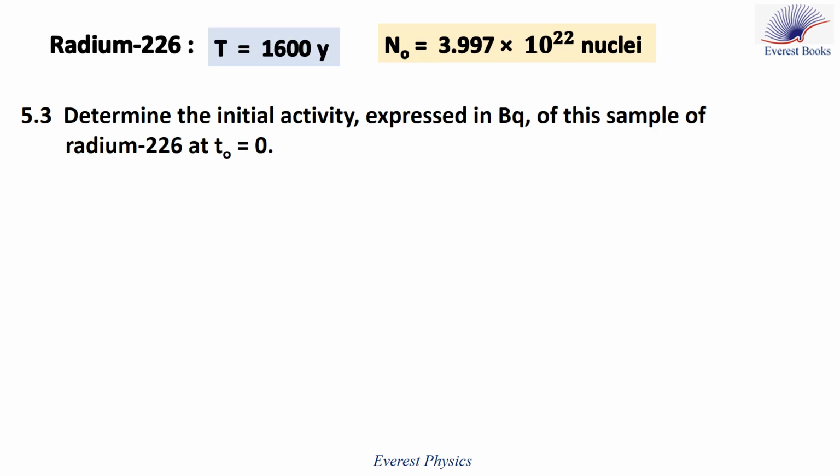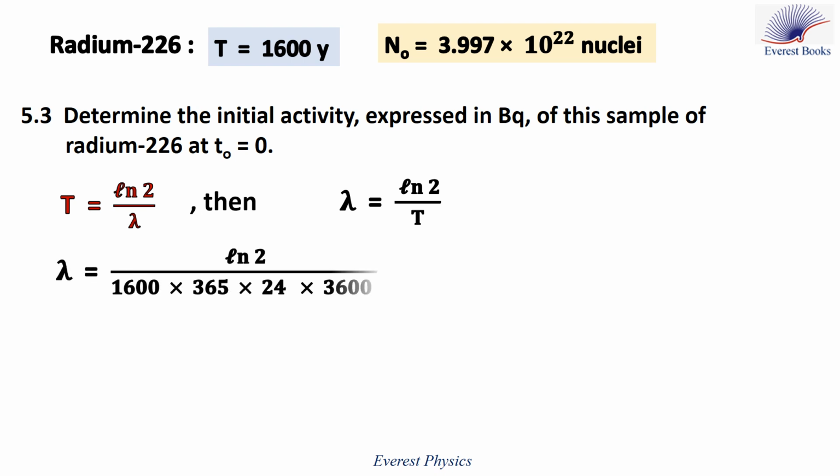Determine the initial activity expressed in becquerel of this sample of radium-226 at time 0. The half-life is given by ln2 over lambda, where lambda is the decay constant of radium-226. Then lambda equals ln2 over T. To obtain the value of lambda in per second, we have to convert the half-life into seconds.